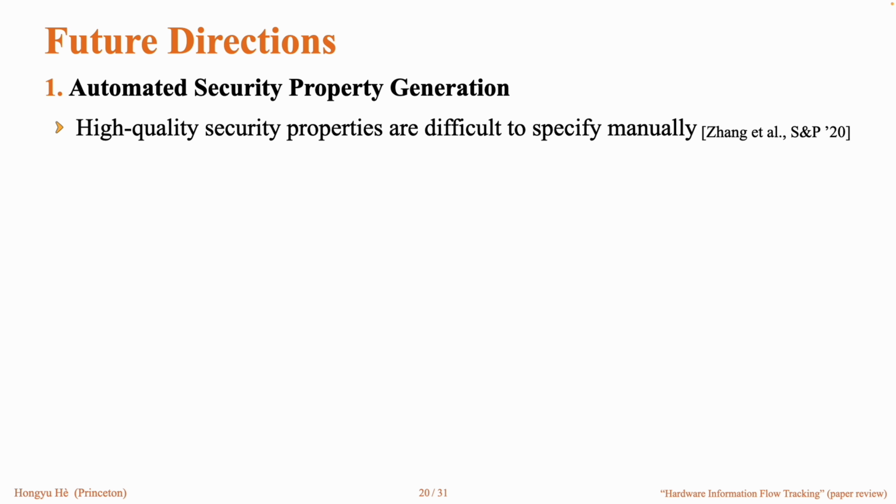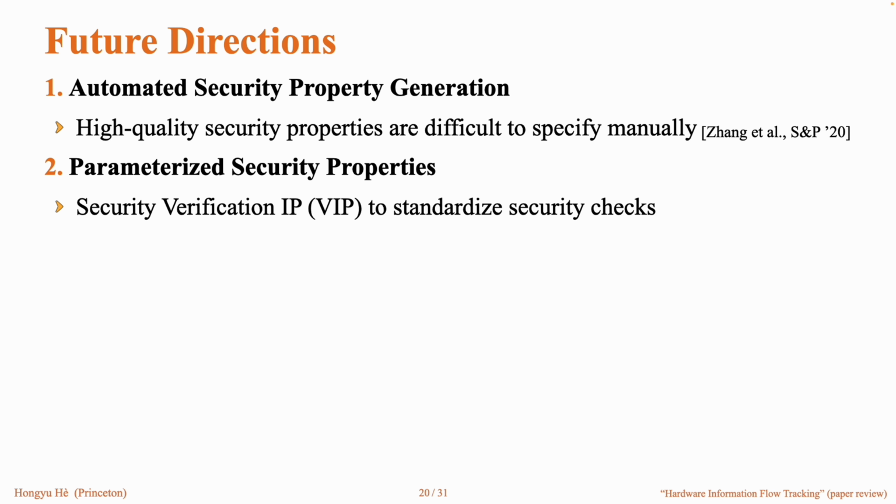Because you need expertise to specify what constraints correspond to that security property. So there was interesting work from S&P 2020, automatically mining or translating one set of specifications to another hardware setting, just to ease the amount of effort you need to specify the constraint model.